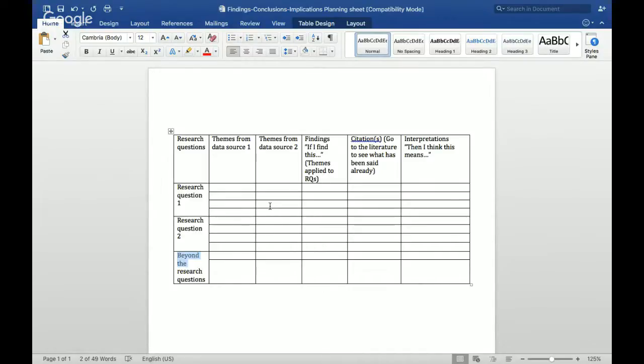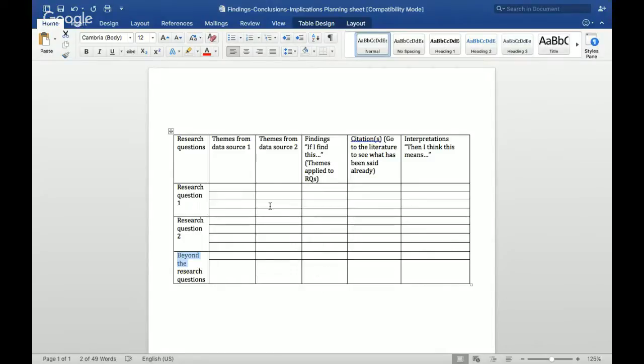Once you've taken themes from data source 1 and data source 2, you come up with findings. One of the chapters that I sent really does a great job of walking you through this step, and I'm losing the name of it, but it'll come back to me. Actually, the quote is coming from that particular chapter. Basically, your findings are a statement of what your themes are in relationship to the research question.